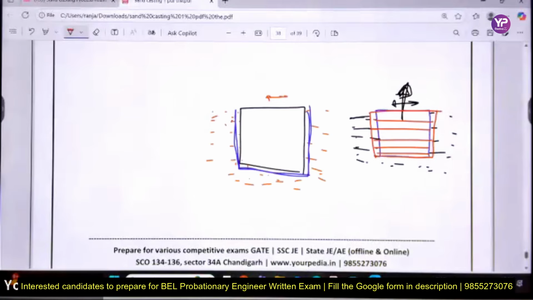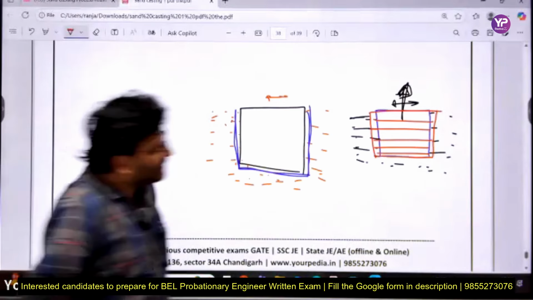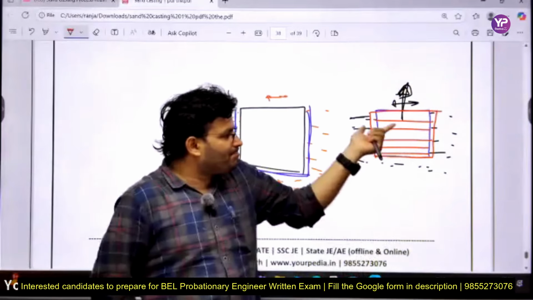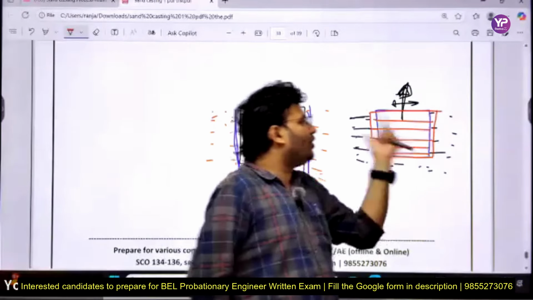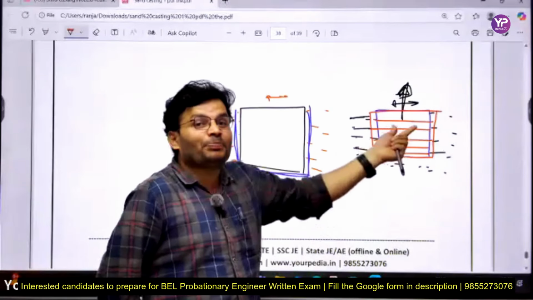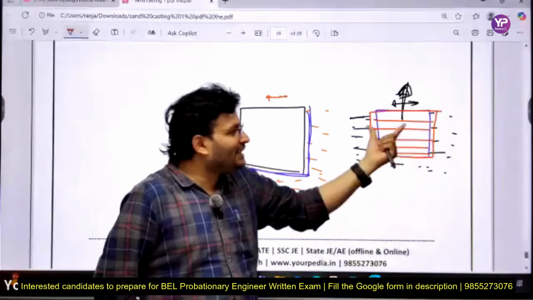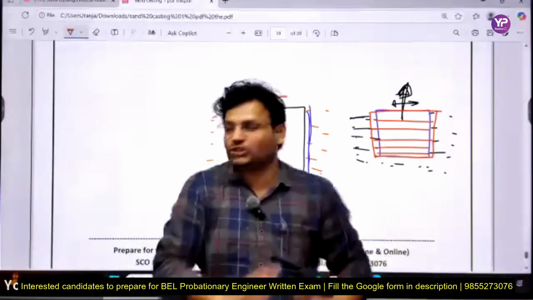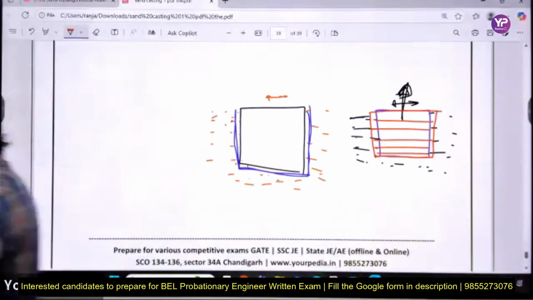We can say the size of the cavity is more than that of the pattern. That means the pattern size is less than the actual product. So that's why it is called negative. Clear now, everyone? Fine. Okay.